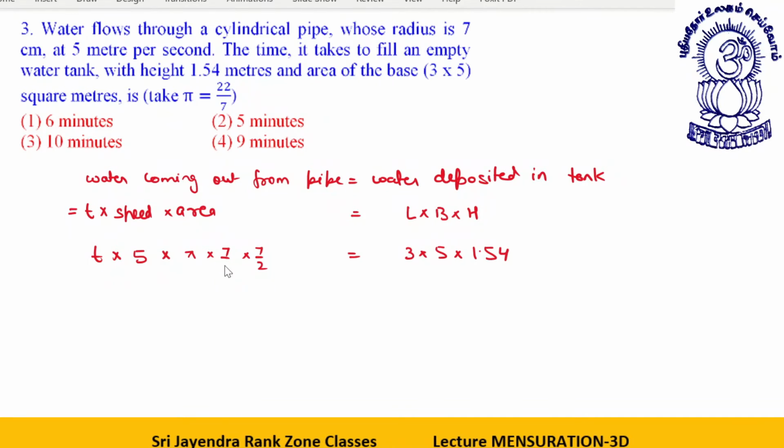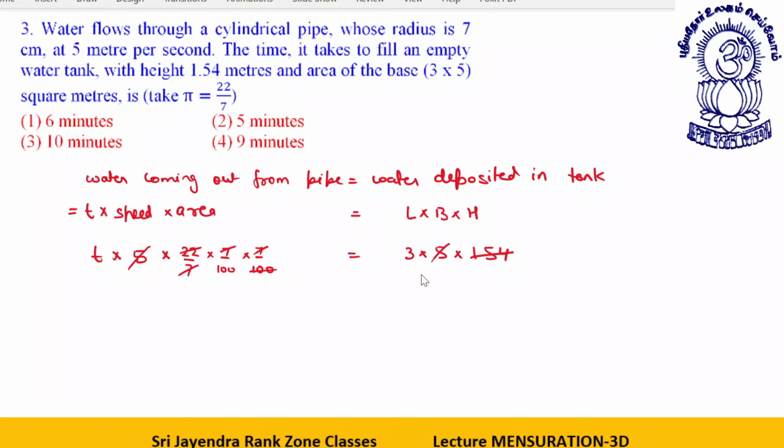Secondly, it is 7 by 100, centimeter to meter, 100. You have to take pi as 22 by 7. 7 and 7 cancel. Let's say this 100 cancels with this decimal. 100 goes over here, this decimal is removed. Fine. 154 is like 22 into 7.